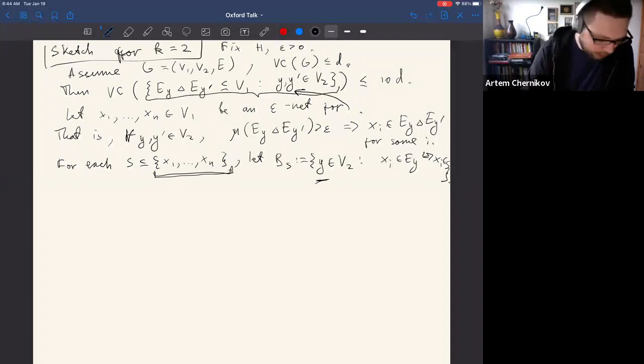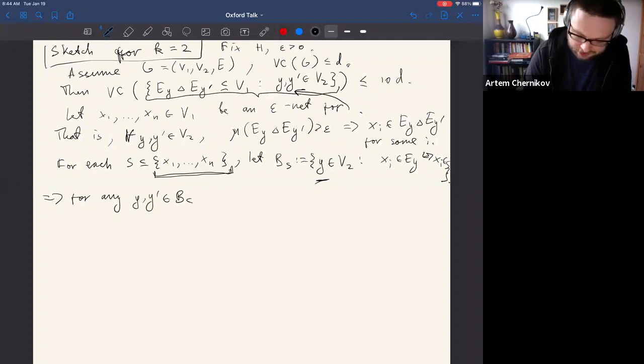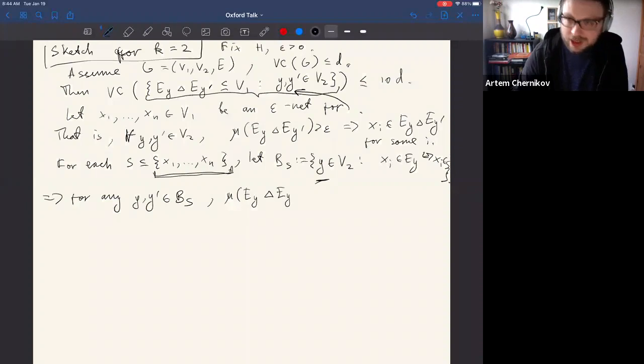Now, what is the conclusion? The conclusion is that for any two fibers Y and Y prime which belong to the same set B_S for some S, the measure of the symmetric difference of these two fibers is small, because they pick out exactly the same points in the epsilon net. So the symmetric difference doesn't contain any points in the epsilon net, so its measure is smaller than epsilon.